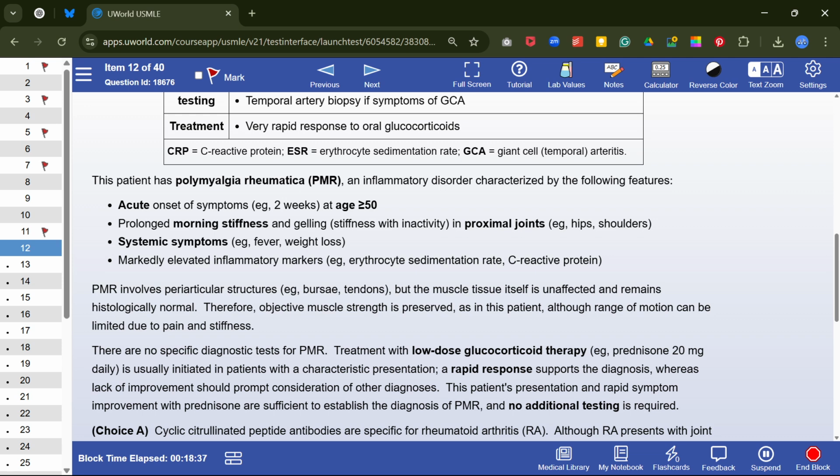And therefore, objective muscle strength is preserved as seen in this patient. Although range of motion can be limited due to pain and stiffness, there is no specific diagnostic test for PMR. Treatment with low-dose glucocorticoid therapy, prednisolone 20 mg, is usually initiated in patients with characteristic presentation.